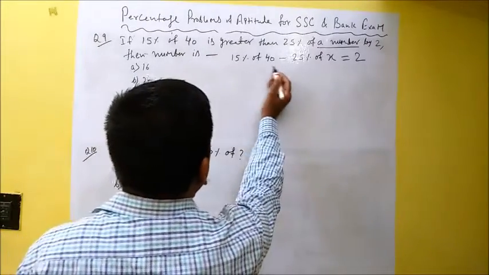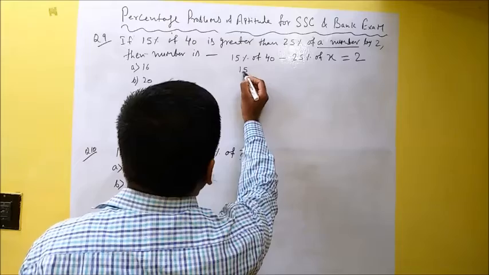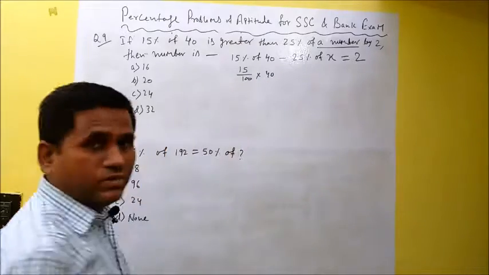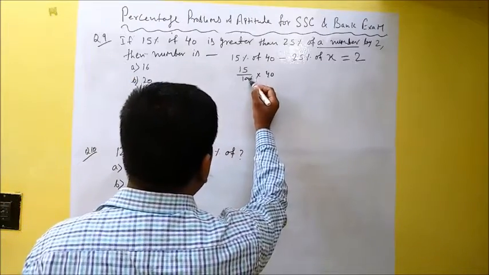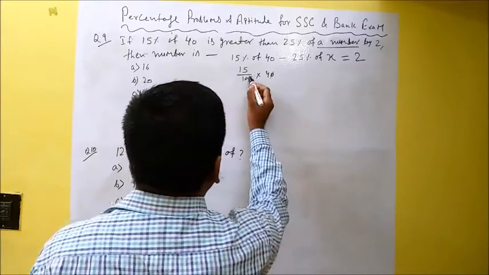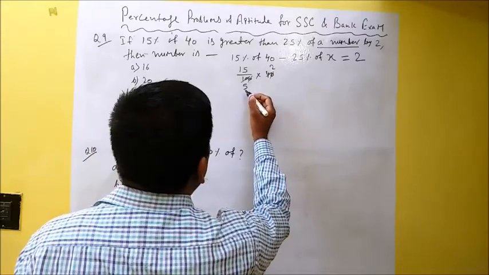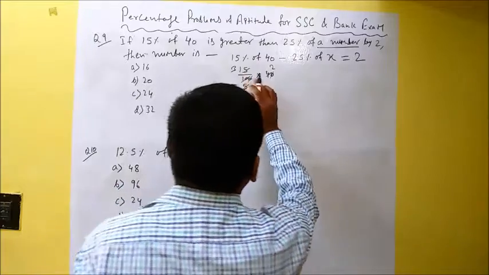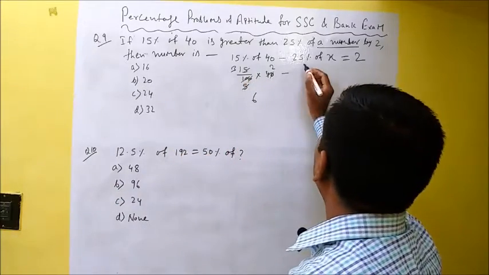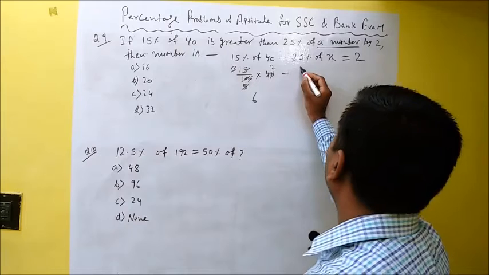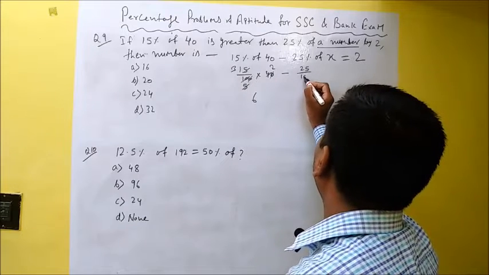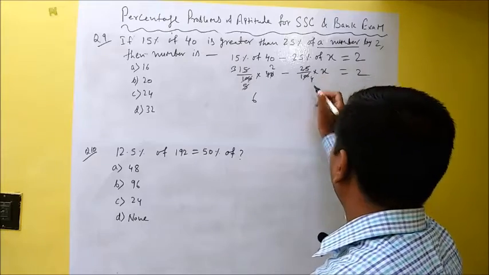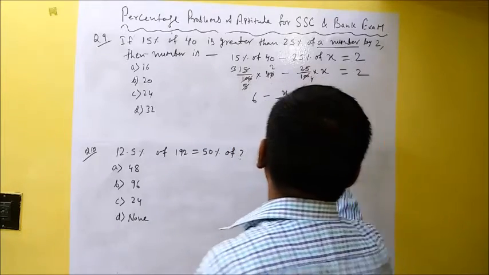So 15% of 40 is 15 by 100 into 40. These are easy numbers, so we can cancel: this becomes 5, this becomes 2, and 5 3s are 15, so 3 2s are 6. This is 6. Now minus 25% of x, so 25 by 100 into x is equal to 2, so this is x upon 4 equal to 2.